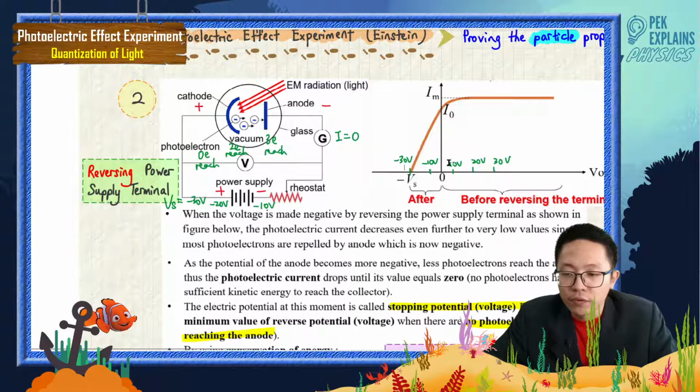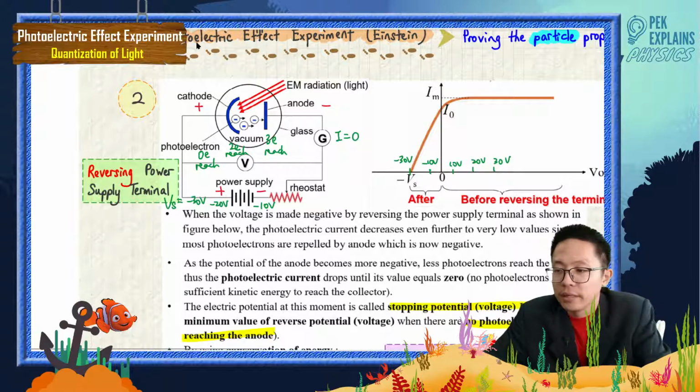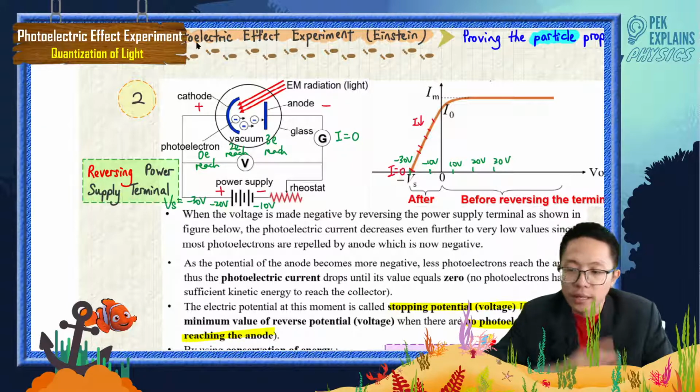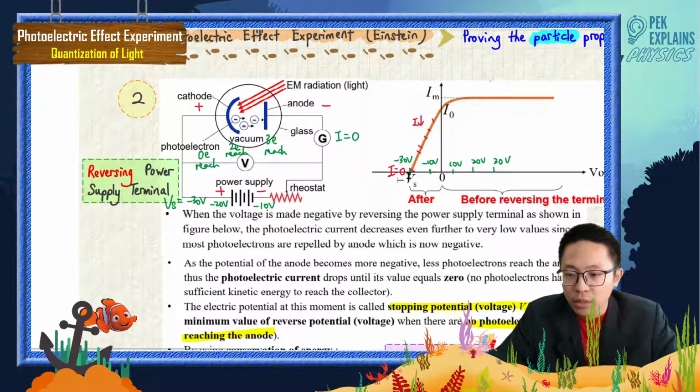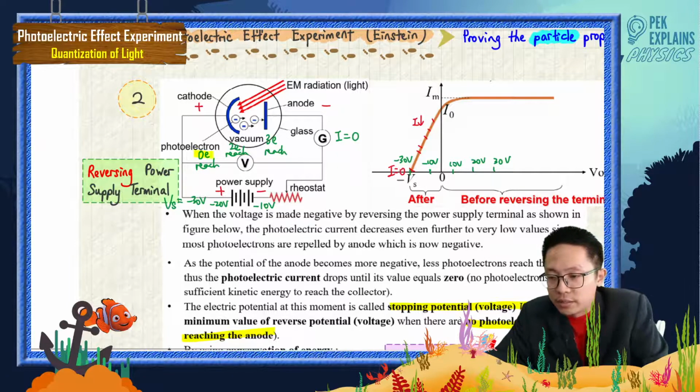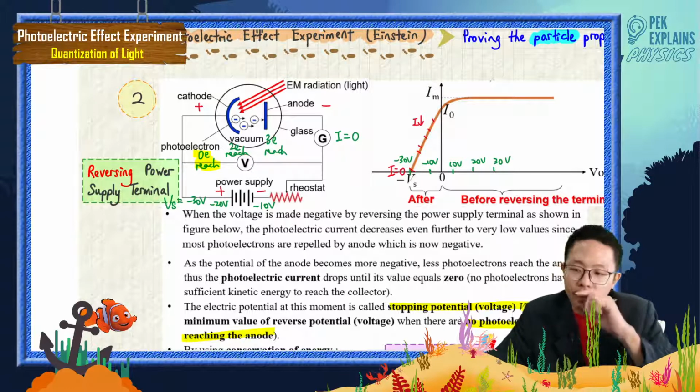When you reverse the voltage, the current decreases. The current will decrease until in the end the current becomes 0. Why does the current become 0? Because no more electrons can reach the anode. 0 electrons reach the anode already. Why is it reverse voltage?